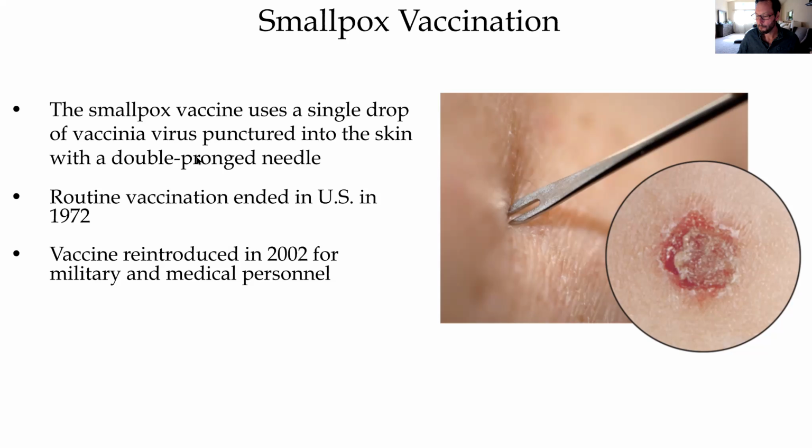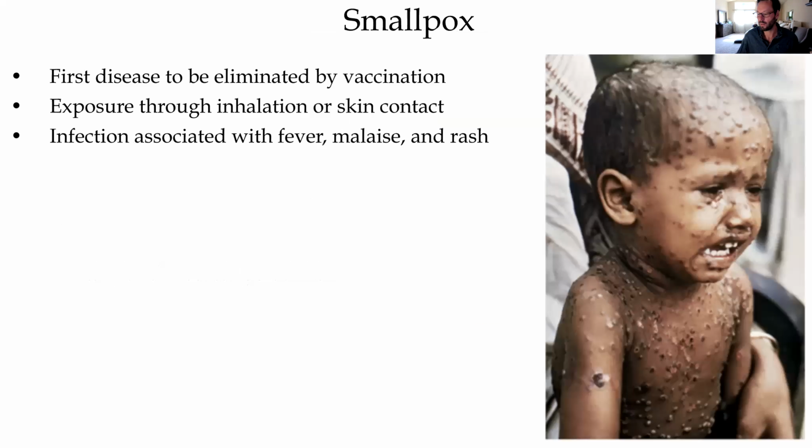Quick question, why the prong? I mean, couldn't they make it into like a serum or something and inject it like they do every other vaccine? Yeah, I don't know why. I mean, if you look here where it infects, it infects the skin.